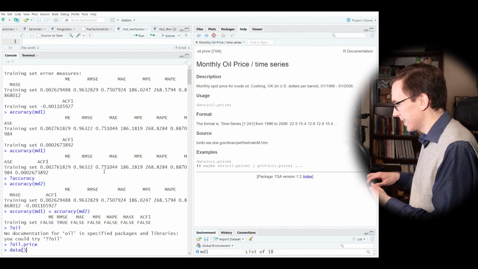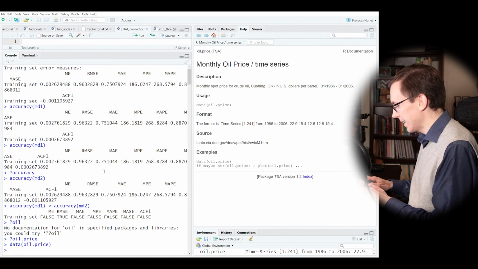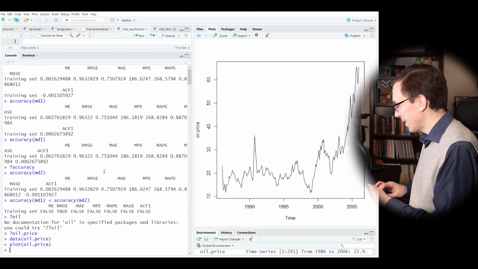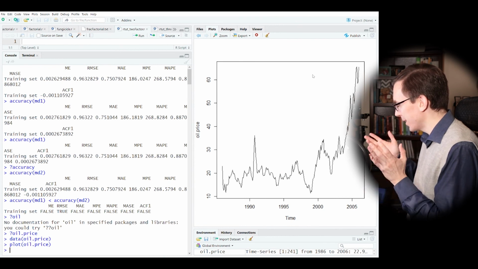I think I have to say data(oil.price) to make it come out. And then I can say plot(oil.price). And we have something that looks like that, because something must have happened around 2001 that drove the price of oil up really high.